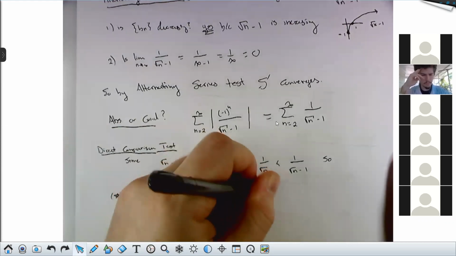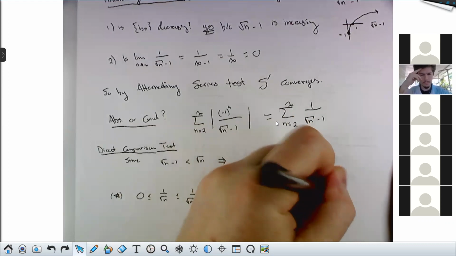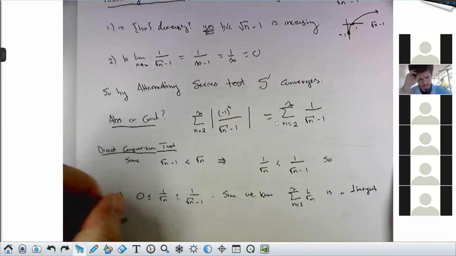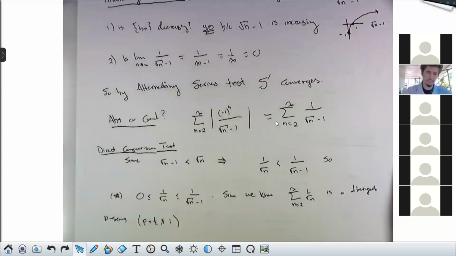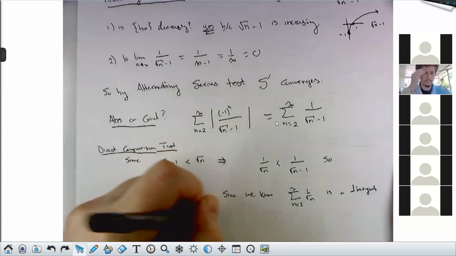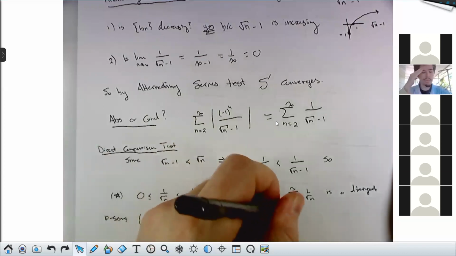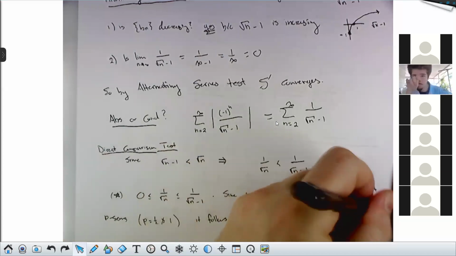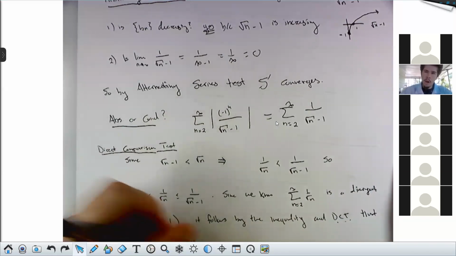Since we know that sigma n from 2 to infinity of 1 over root n is a divergent p-series, because p is equal to 1/2, which is not larger than 1, it follows from the inequality and the direct comparison test that sigma n from 2 to infinity of 1 over root n minus 1 diverges also.